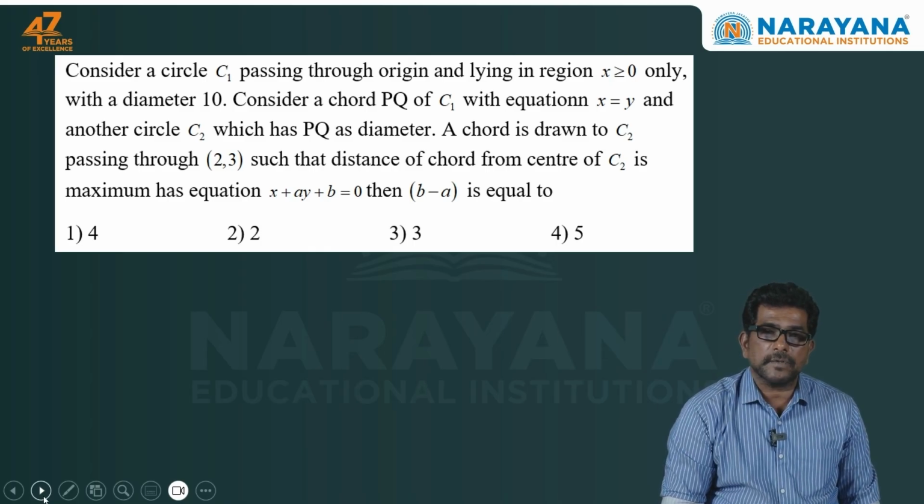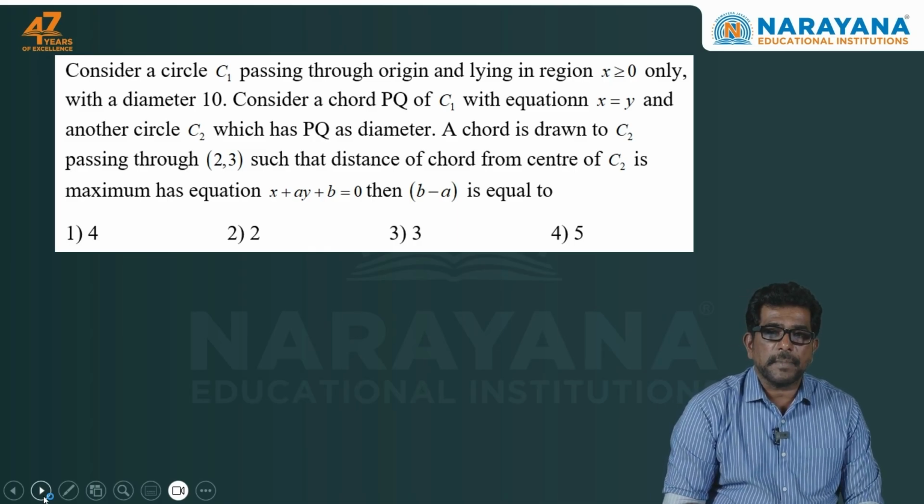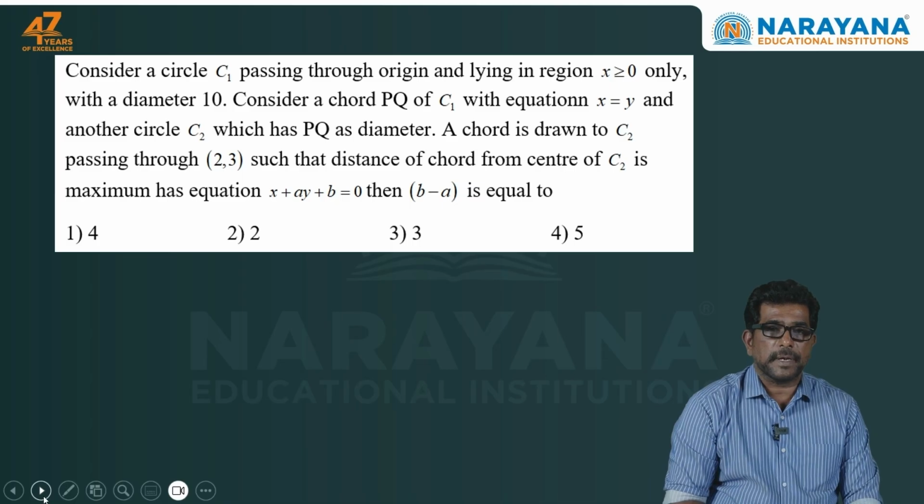A chord is drawn to C2 passing through 2, 3 such that distance of chord from the center of C2 is maximum, has equation x plus ay plus b is equal to 0. Then b minus a they are asking.